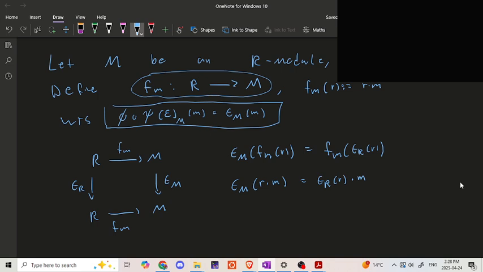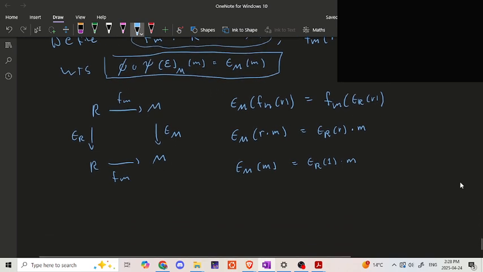So in particular, this does have to hold for all r and m. So as I suggested, if we plug in r equals 1, we should find that epsilon_M at m is simply equal to epsilon_R evaluated at 1 dot m. So we can already see the hints here that this is just giving back the result that we want.